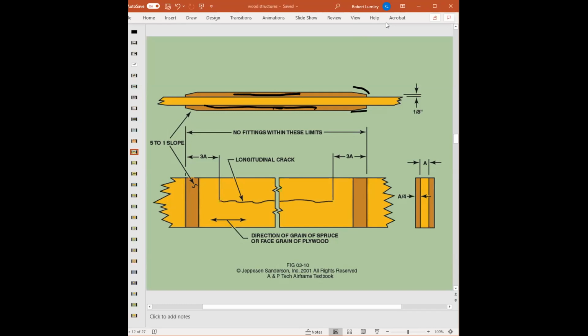So you can see that the taper here is a 5:1, meaning that if this was 1 inch thickness, then that taper has to be 5 inches. Now, usually the wood ain't 1 inch thick, so it's not 5. You can see right here, it's saying an 1/8 inch. So if the repair material is an 1/8 inch thick, then the slope is going to be 5/8.